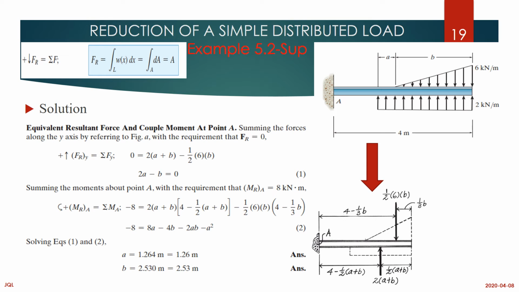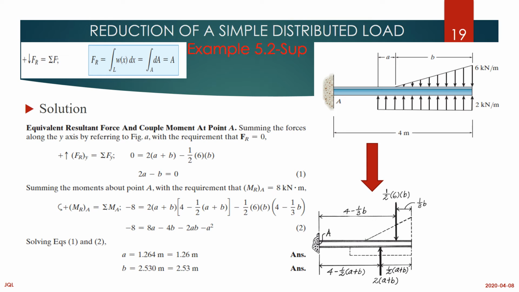This 2A plus B is the distance. Is the force that we have as 2A plus B. Multiply times the distance, which is 4 minus 1 over 2A plus B. Minus, this guy is going the clockwise manner.